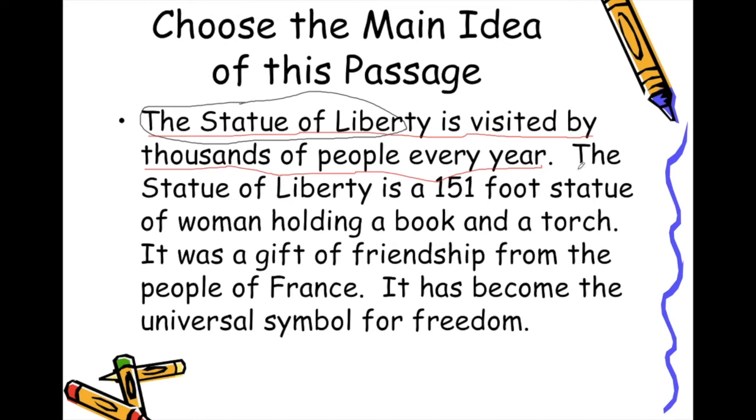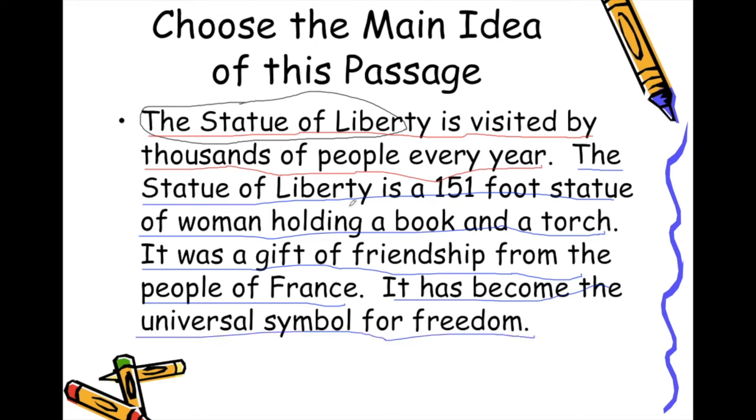I think that is a supporting detail because it's letting us know more about what the Statue of Liberty is. Same thing in the next sentence, it was a gift of friendship from the people of France. And the last sentence, it has become the universal symbol for freedom. All support our topic of the Statue of Liberty.